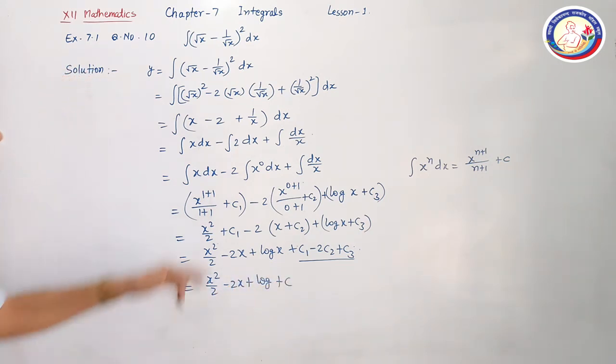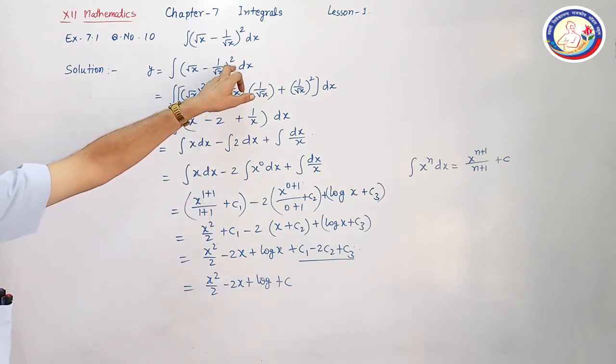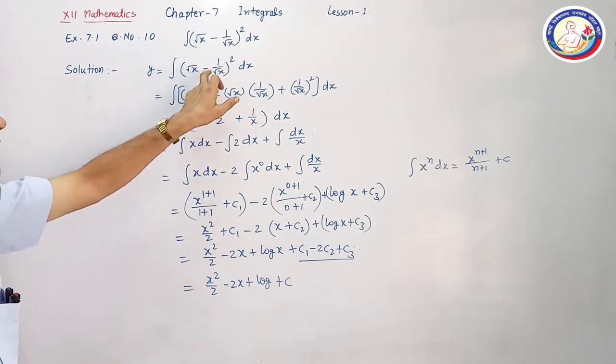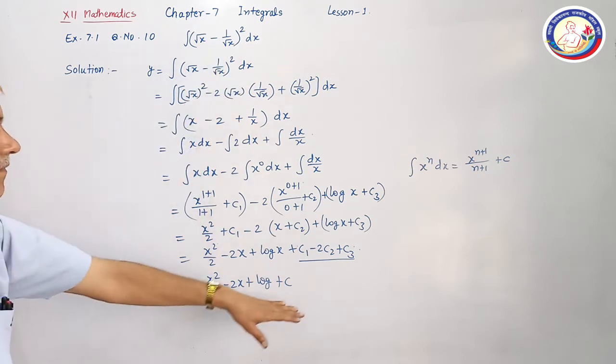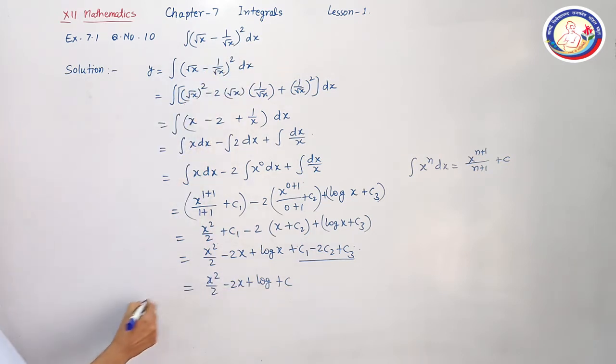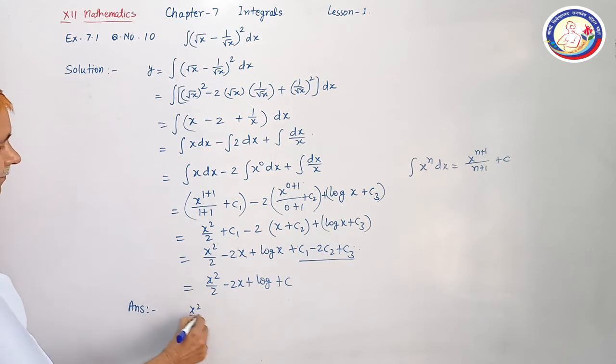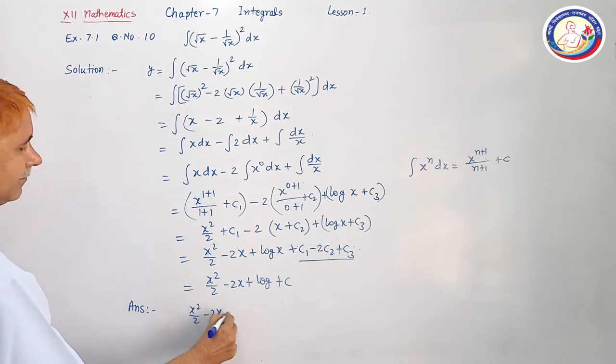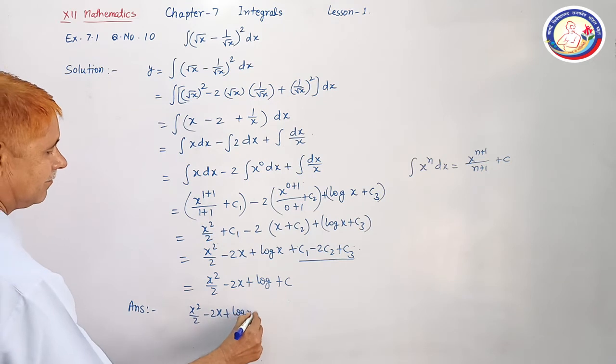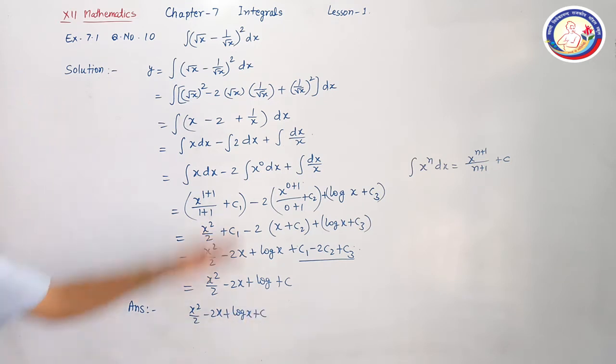This is the integral for root x minus 1 upon root x whole square. This is our answer. So the answer is c. In this way we can find the integral of a given function.